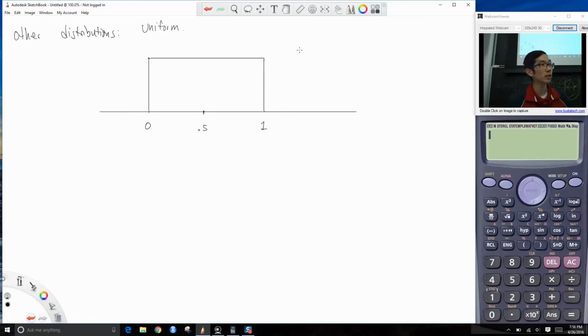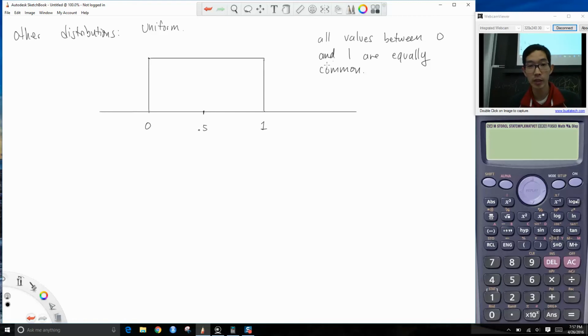All the values here are equally common, okay? Or all the values between 0 and 1 are equally common, and then all values outside of that just don't appear, right? So what this says is all values between 0 and 1 are equally common.